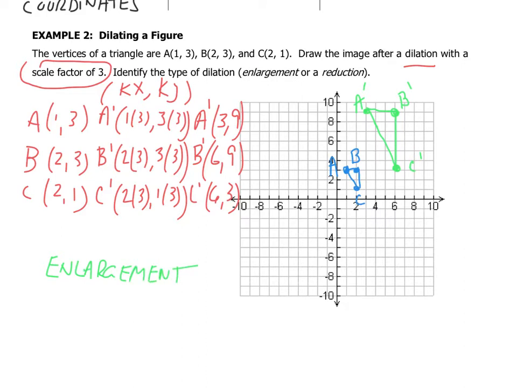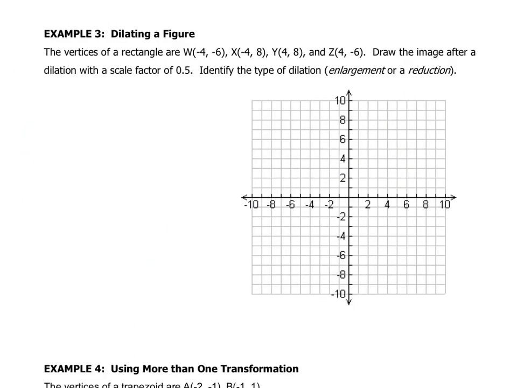Which, if you think about it, makes sense. If I multiply anything by something greater than 1, and 3 was our scale factor, it should definitely give me something that shows an enlargement. The numbers got much bigger. We want to keep that in mind as we go forward.